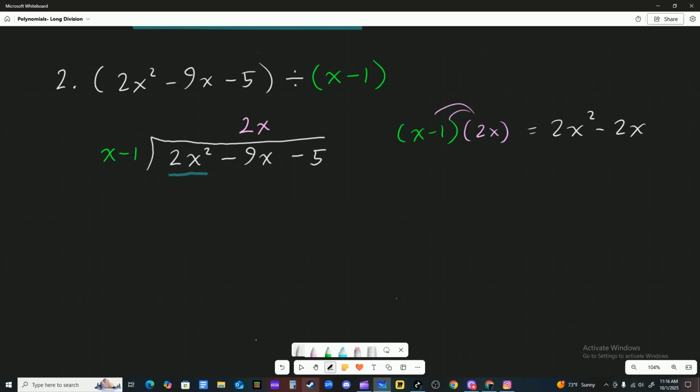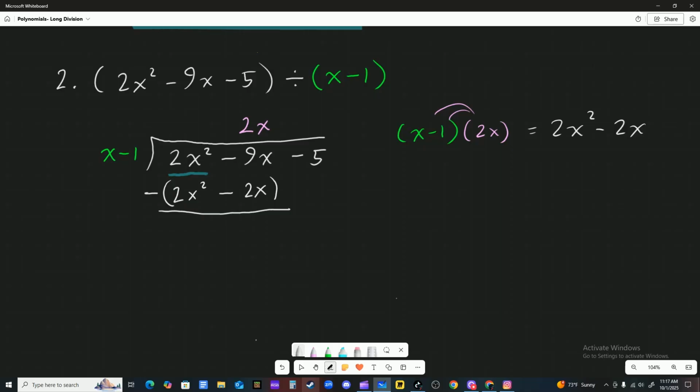Right? So let's keep going. So here we're going to have 2x squared minus 2x. And remember, we subtracted.